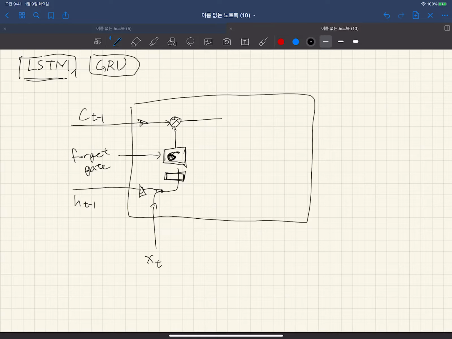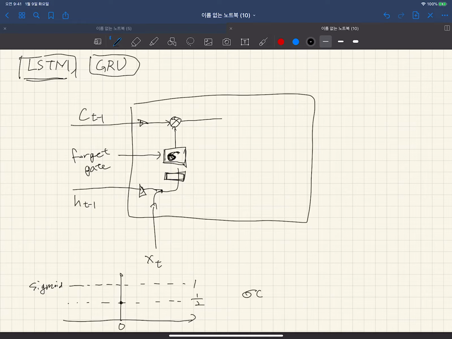Why sigmoid? The sigmoid function has a very nice property. The output value of the sigmoid function is between 0 and 1, essentially having the value 1/2 at 0.